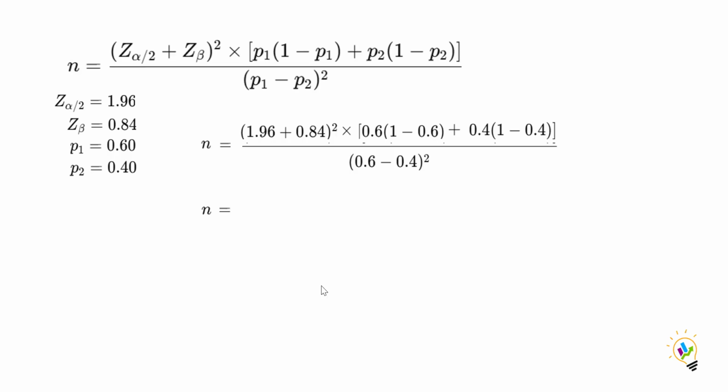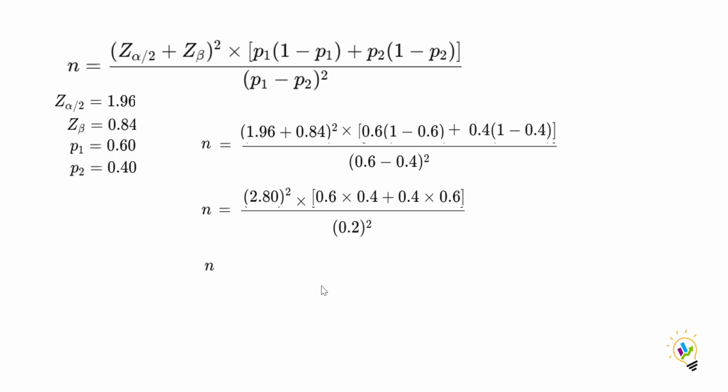So n is equal to (2.80) to the power of 2 into [0.6 into 0.4 plus 0.4 into 0.6] divided by (0.2) to the power of 2.